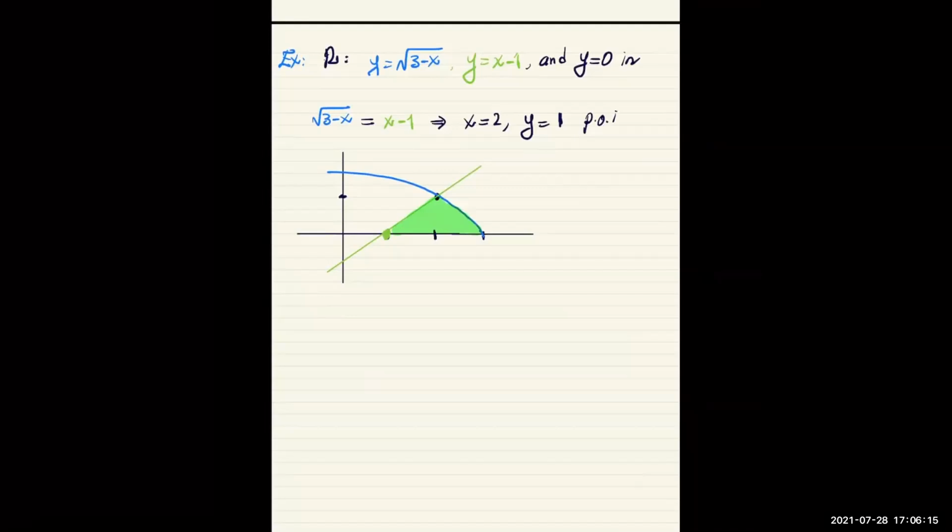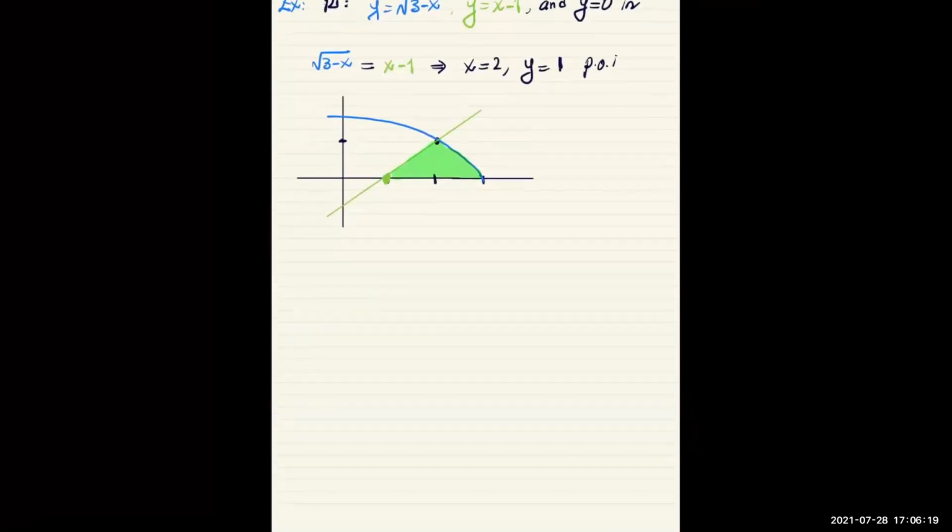So the question here, we're going to find the volume. Question A: find the volume when R is revolved around y equal to -1.